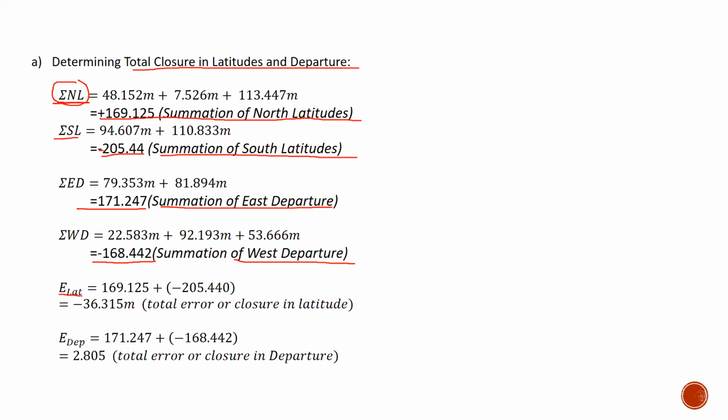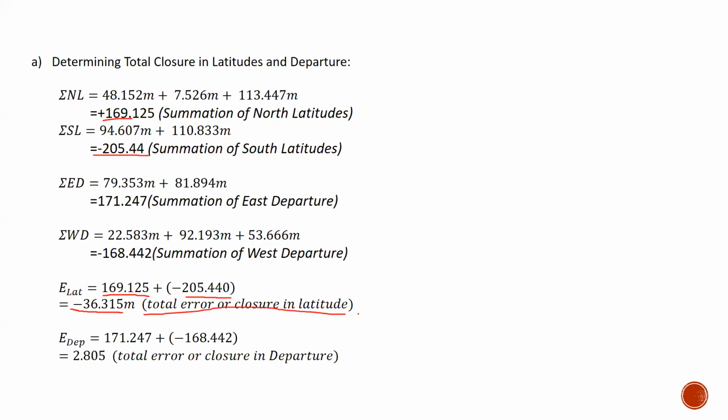How do we get the error in latitude? We simply add these two. So 169.125 plus negative 205.440 is equal to negative 36.315 meters. That is your total error of closure in latitude.